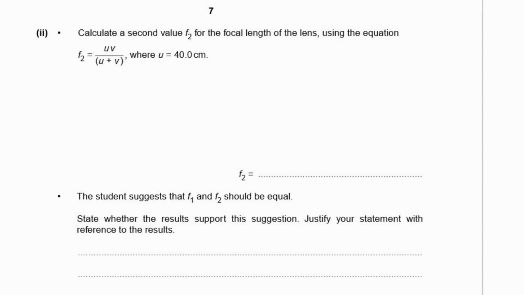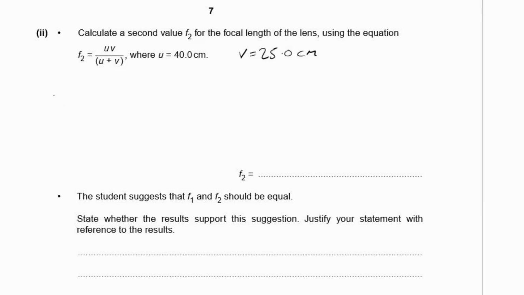Part 2. Calculate a second value, f2, for the focal length of the lens using the equation f2 equals uv divided by u plus v, where u is 40.0 centimeters. Well, we already calculated v in the last section, and that was 25 centimeters. So let's write that down. There we are.